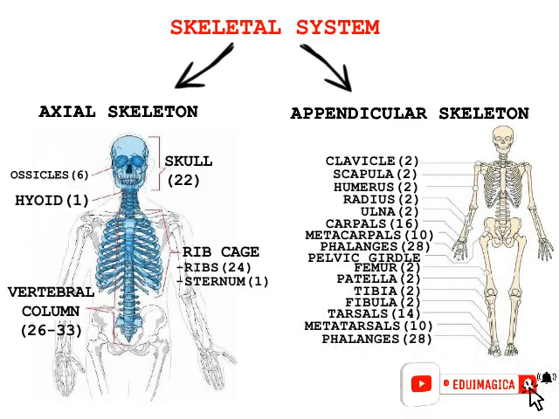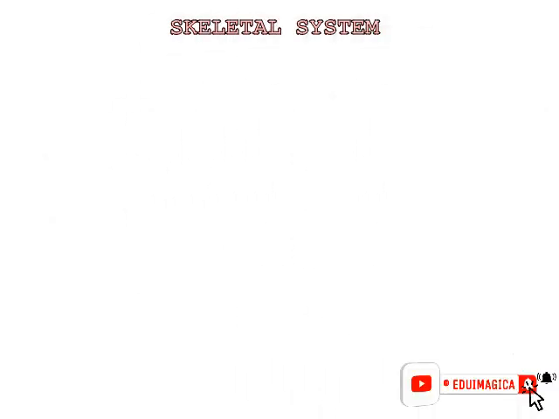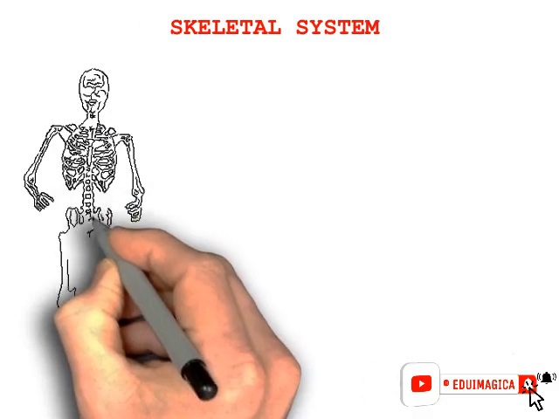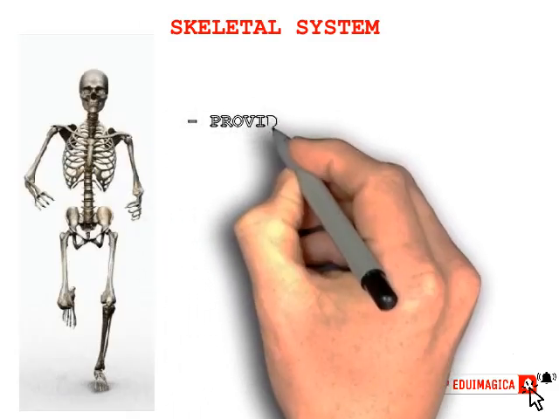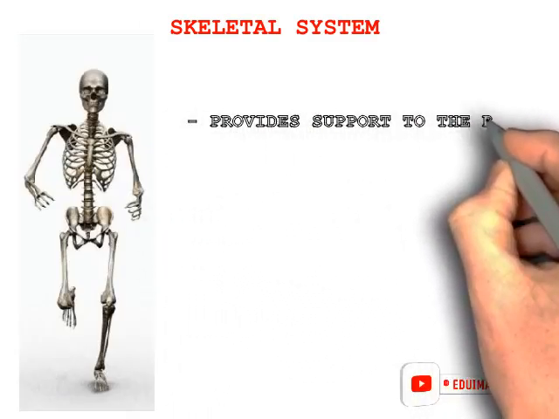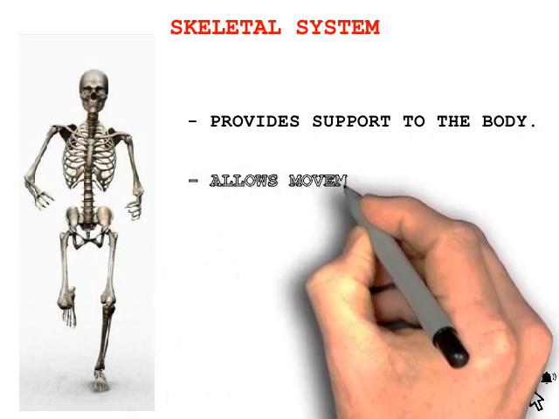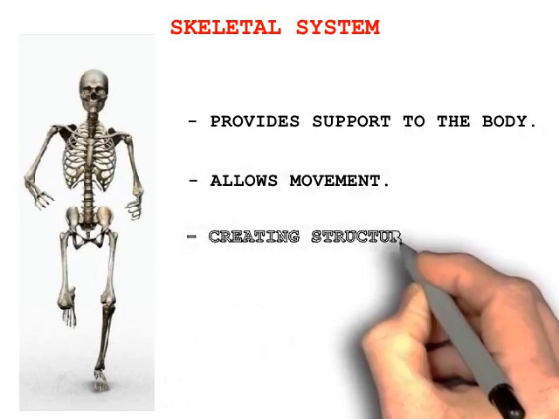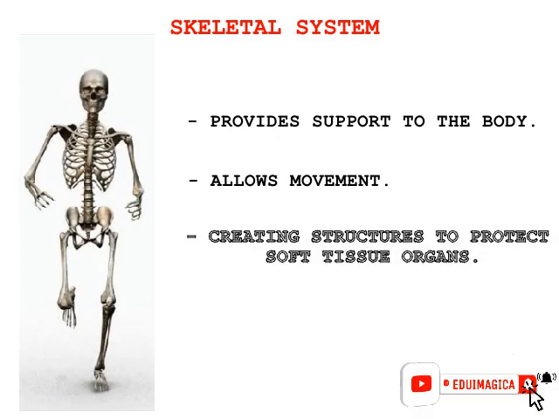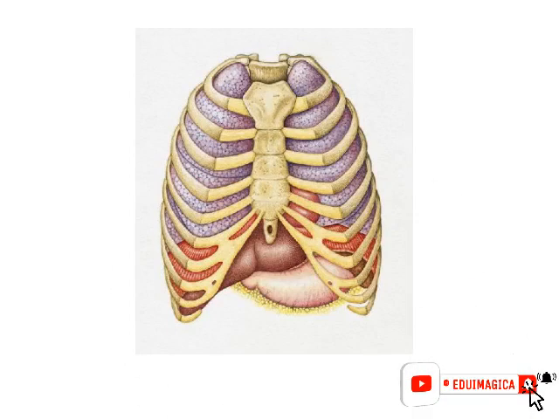This was all about the axial and the appendicular skeleton. Now, the skeletal system provides support to the body and allows movement, as well as creating structures to protect soft tissue or organs. For example, the rib cage protects the heart and lungs.